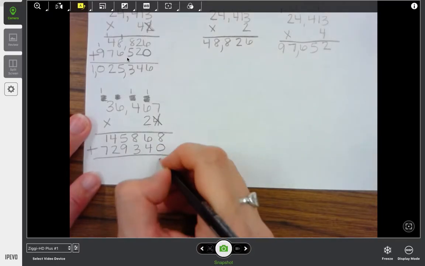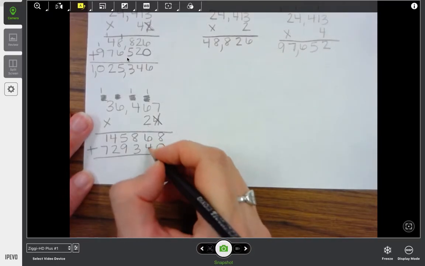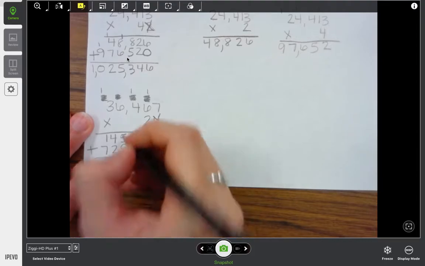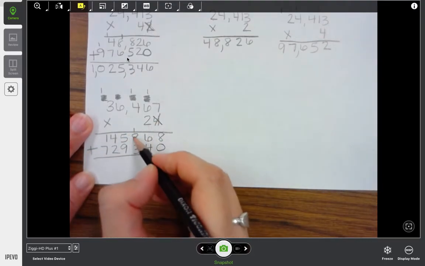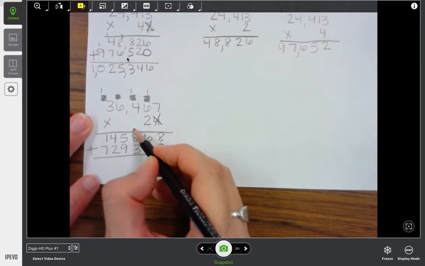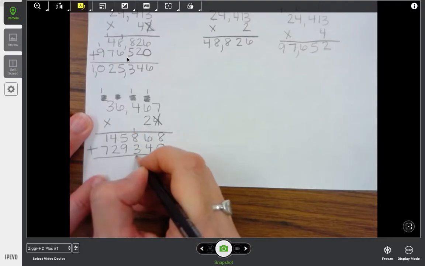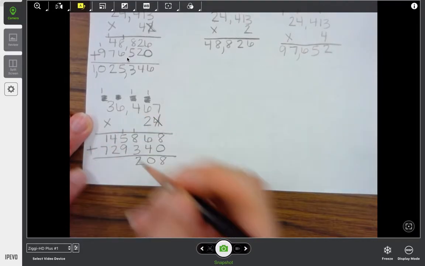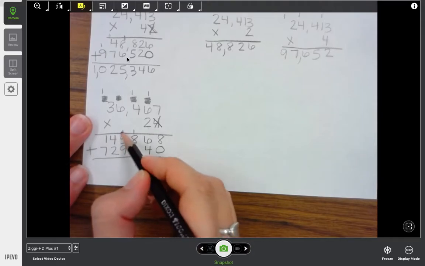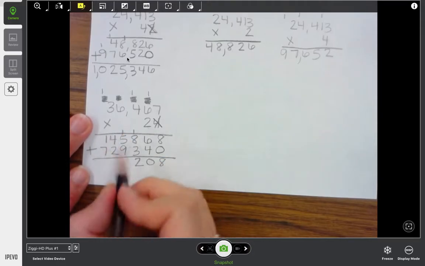So 8 plus 0 is 8. 6 plus 4 is 10. I have to carry my 1. 8 plus 1 is 9. 10, 11, 12. So I'm going to put my 2, carry my 1. 9 plus 1 is 10. Plus 5 is 15.